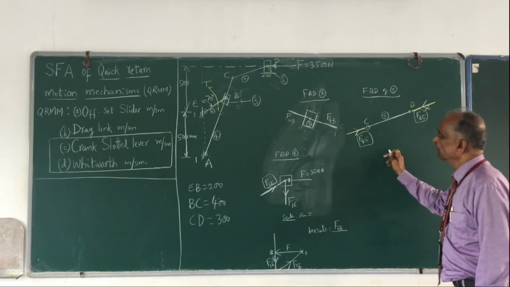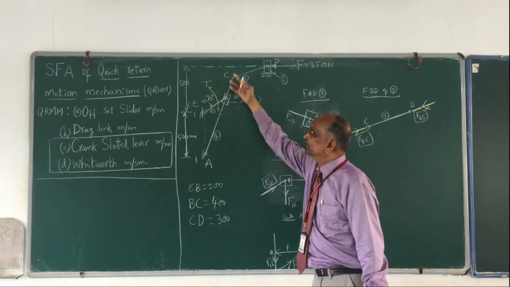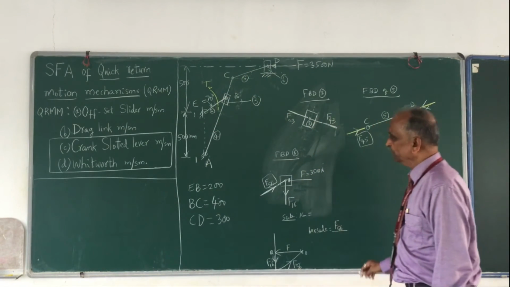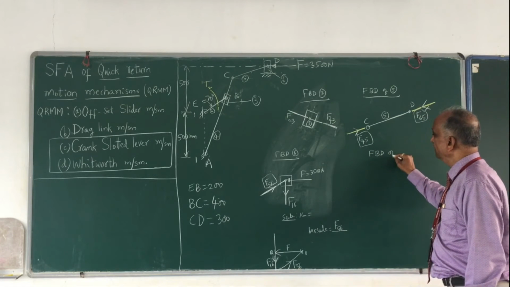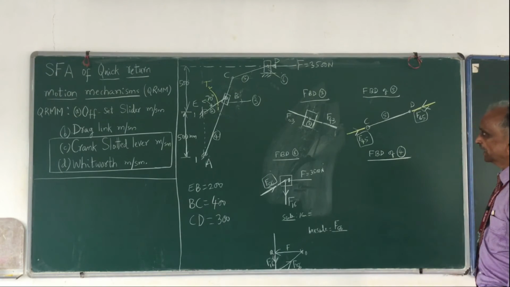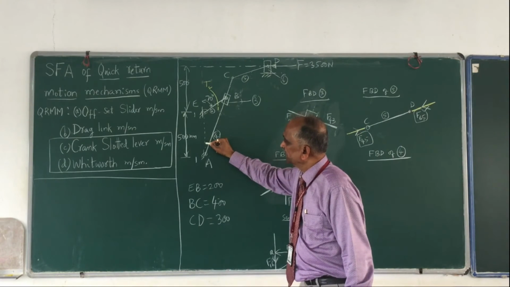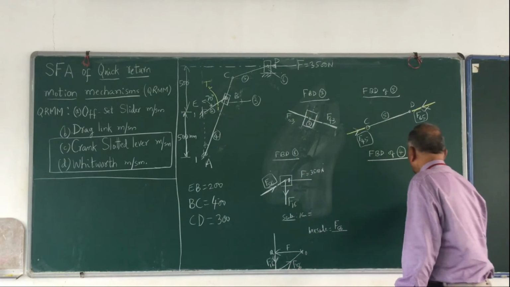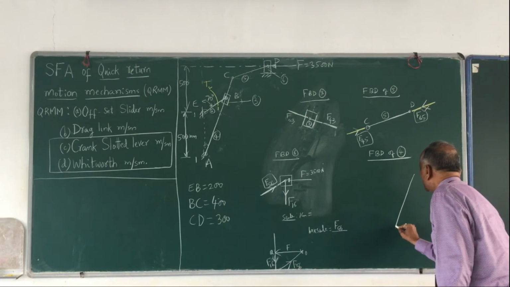Okay, so now I know F45. Now I shall go to the free body diagram of link number 4. So the next one is the FBD of link number 4. Okay, how is link number 4? Probably you can measure this angle beta something like this, and you know what is A, and draw this line.